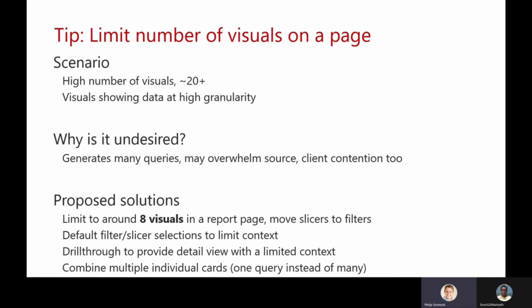So what you should consider doing is trying to limit pages to 8 visuals or less. There are exceptions. If you know for sure that everything's nicely tuned, then sure, do that. But quite a common pattern that I see is a report with a whole bunch of card visuals aligned horizontally, each giving a different KPI. Now, if you have 5 or 6 of these, they can actually be consolidated into a single visual.